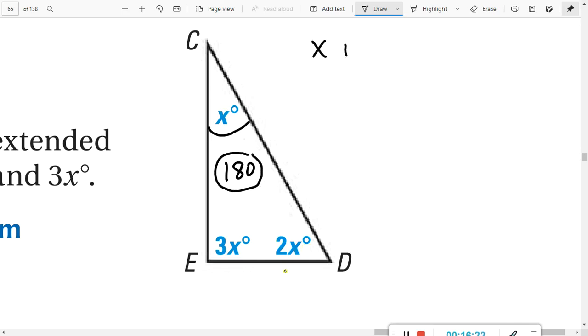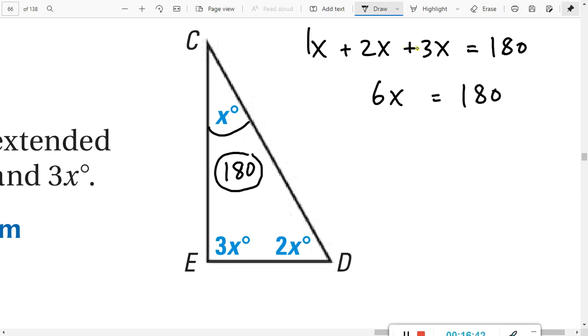So we have x plus 2x plus 3x equals 180. x is the same as 1x. 1 plus 2 plus 3 is 6, and that equals 180. Dividing both sides by 6, x is just 30.